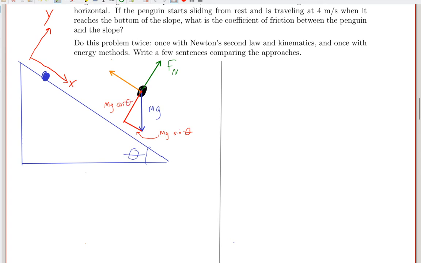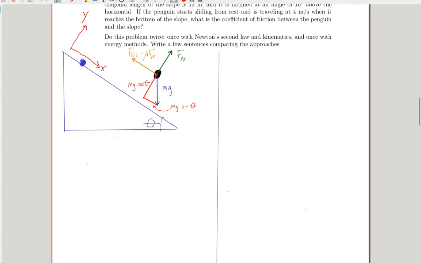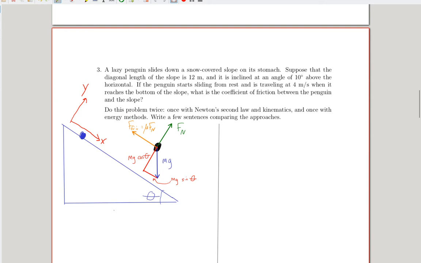And finally, this is the force of friction, which I know is mu times the normal force. And of course, mu is the thing I want to know. Just to be clear about my symbols, this 12 meters I'm going to call L, this 10 degrees I will call theta, and this velocity I'm going to call v final.